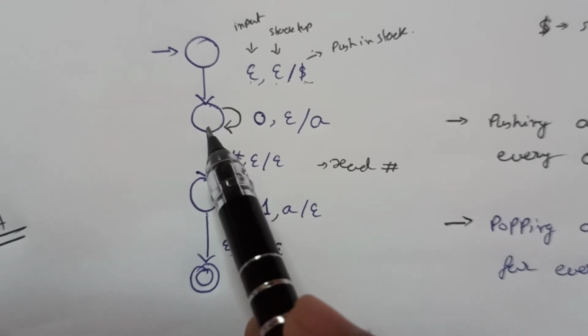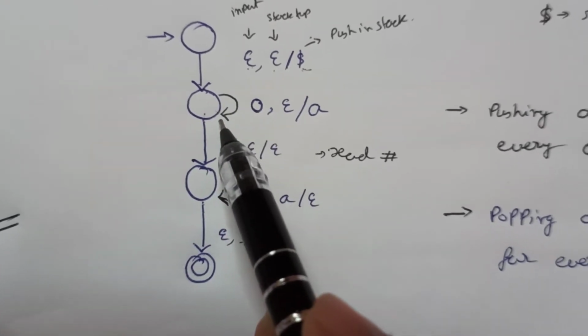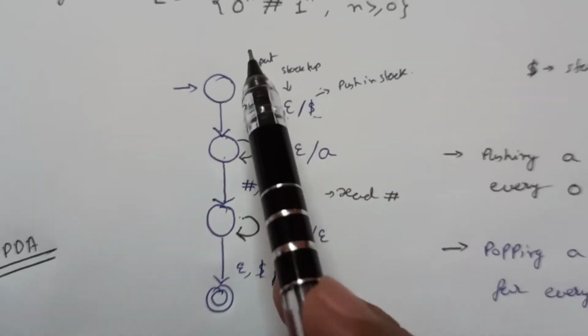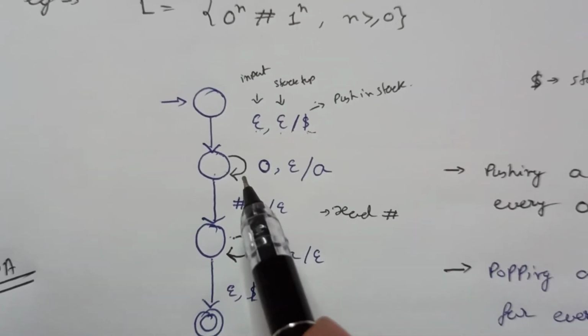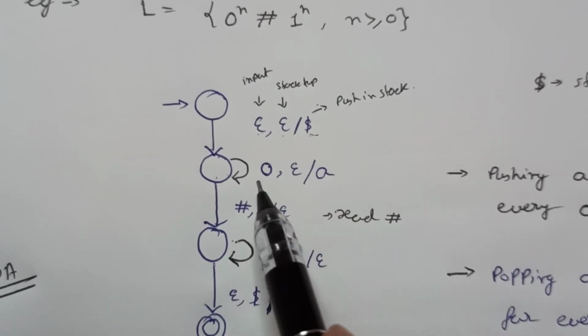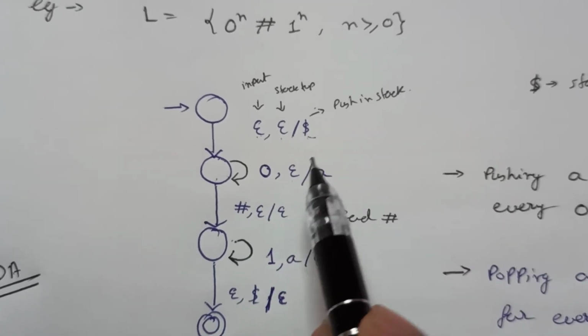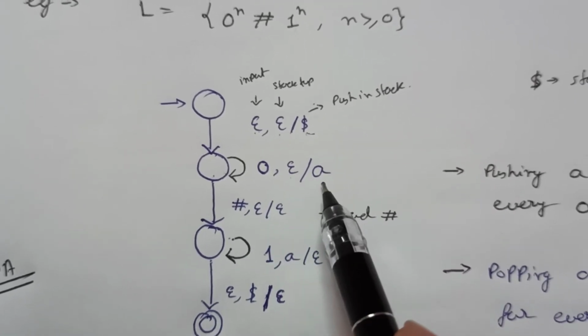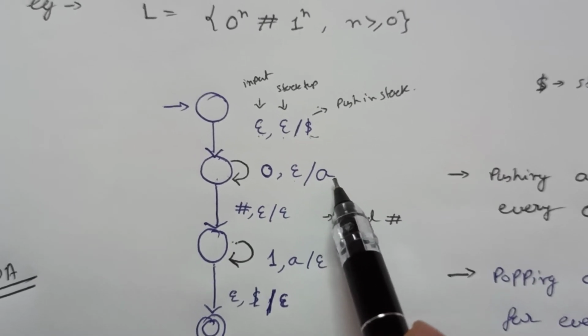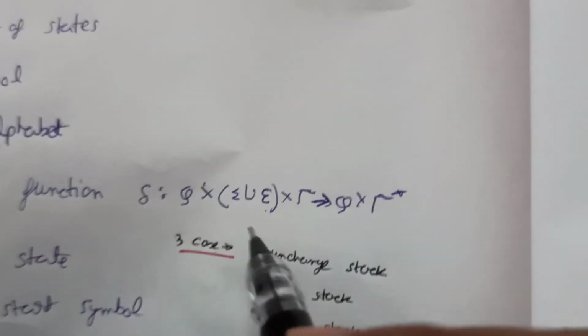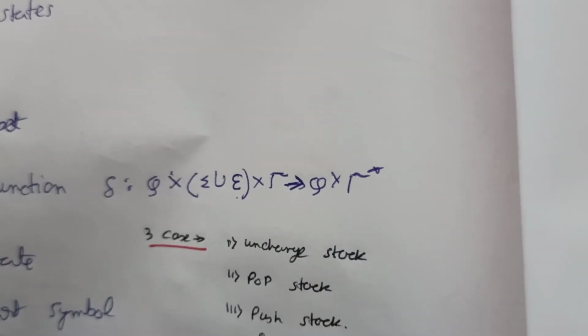Now on this state we are having a self loop, because there can be any number of zeros, so we are having a self loop for 0. Our input symbol we are reading 0, and from the stack top we are reading null, and we are replacing this null with the stack symbol a. This means whatever I have already told you here, for this case we are pushing in a stack.